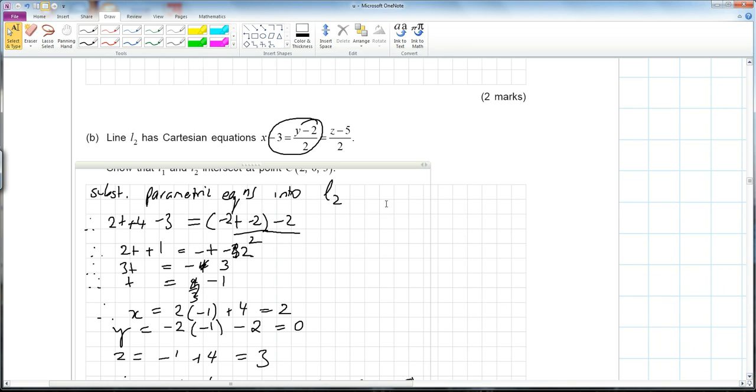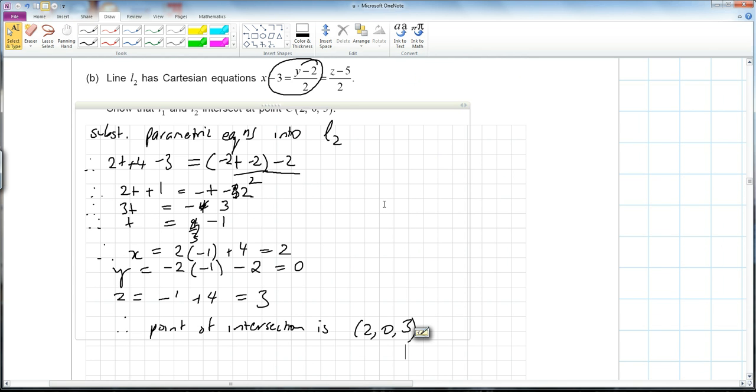Now I should just go back and check the other pair here, to make sure that we've got a consistent answer. What I want to check is that when I take this pair I get the same value of t.